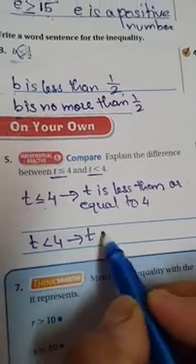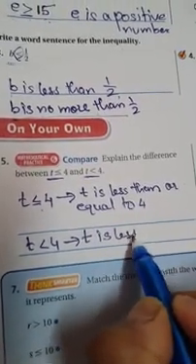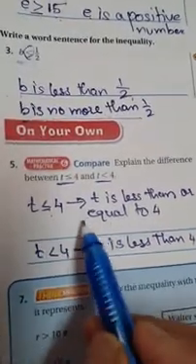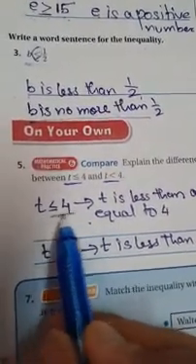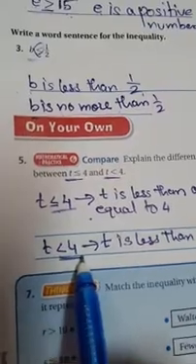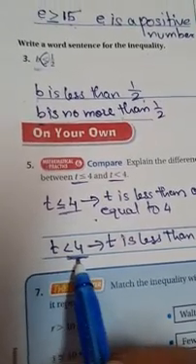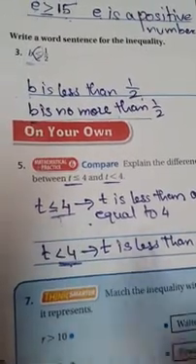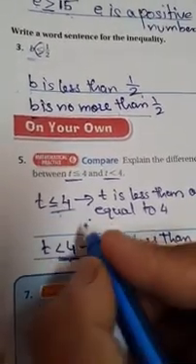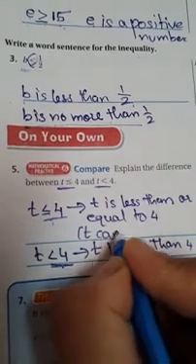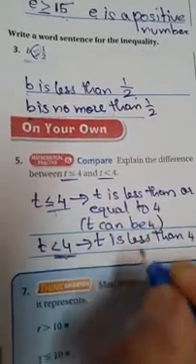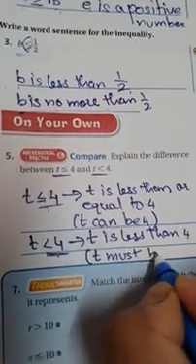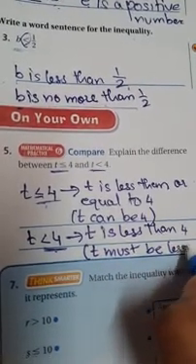This means t is less than 4. Here the difference is, in this it can be equal to 4. Here it cannot be equal to 4. It has to be less than 4. So in this inequality t can be 4, but for this t must be less than 4.